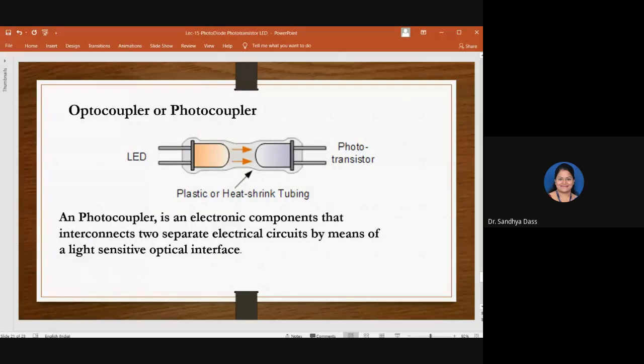Moving to optocoupler, or also called photocouplers. An optocoupler is an electronic component that interconnects two separate electrical circuits by means of a light sensitive optical interface.